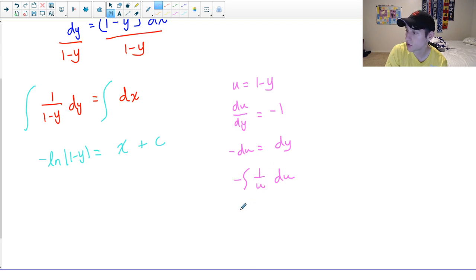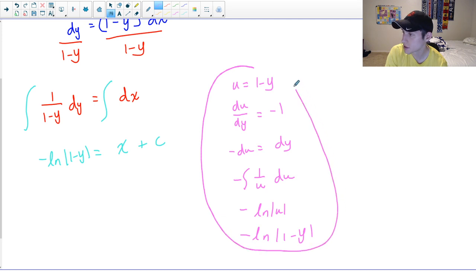The antiderivative of 1 over u is just natural log of u. So negative natural log of u, but we substitute back in our 1 minus y. This is like the super expanded version. This is the fast-forwarded version.